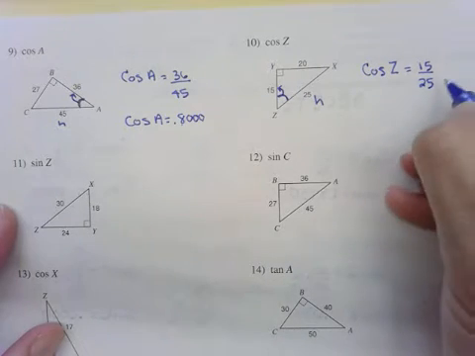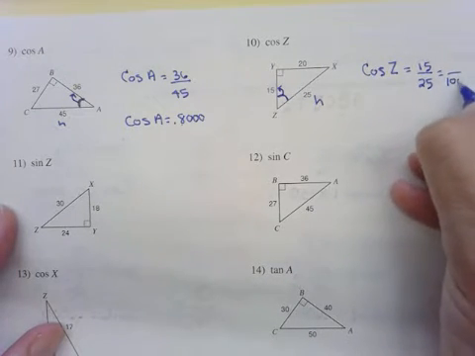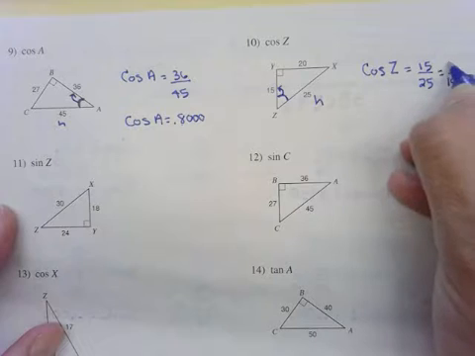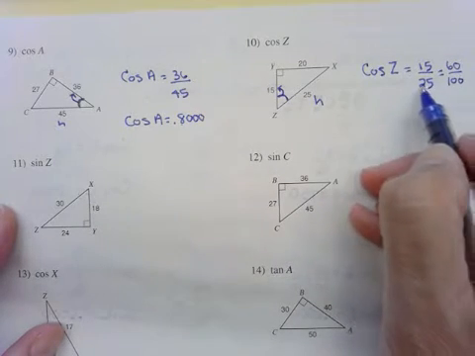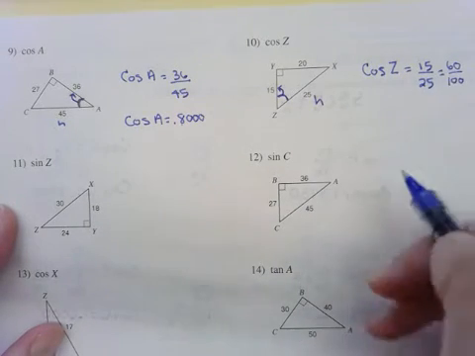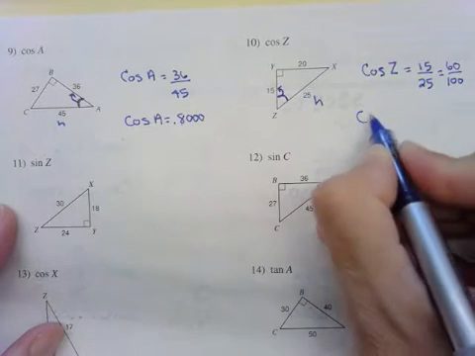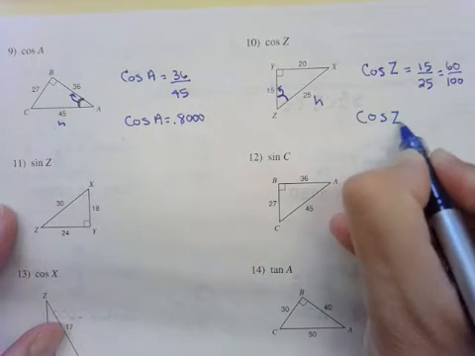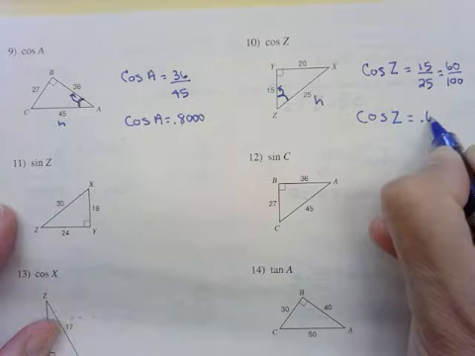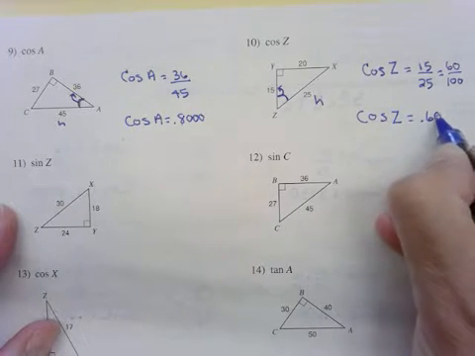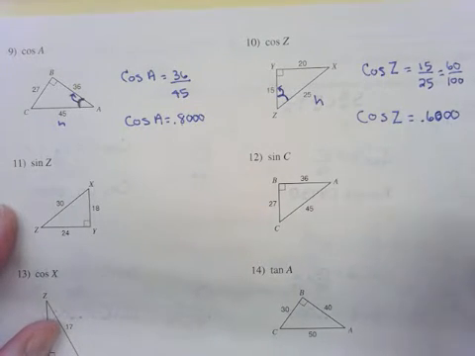And I can do this in my head because this is 100, and this is 60, because 25 times 4 is 100, 15 times 4 is 60. So 60/100ths is pretty easy to write in a decimal, 0.60. And then I'm going to put 2 place values in there.